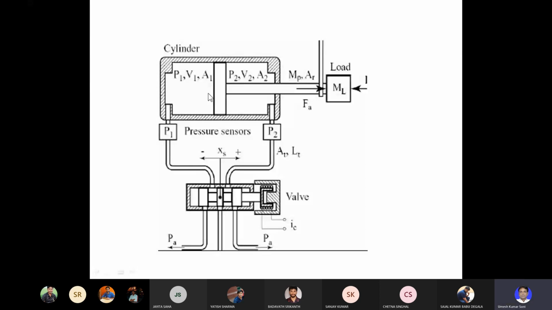So there will be a pressure difference, and due to this pressure difference, the main piston will work. So a small current in the primary coil, the valve coil, has changed the position of the main piston in the cylinder.